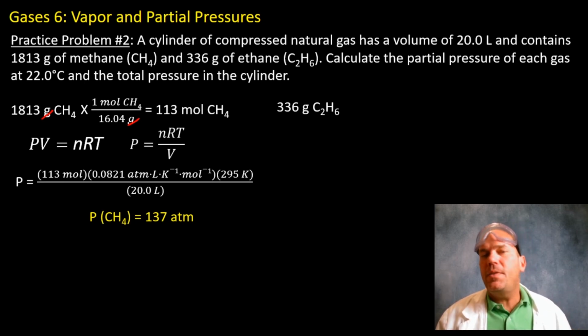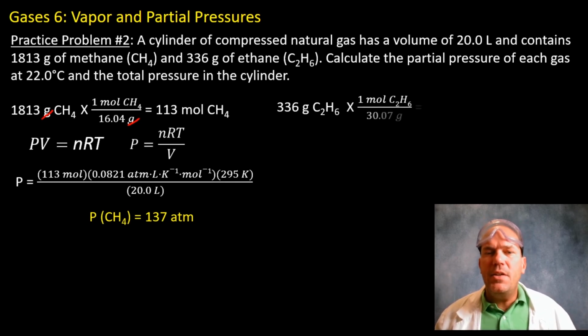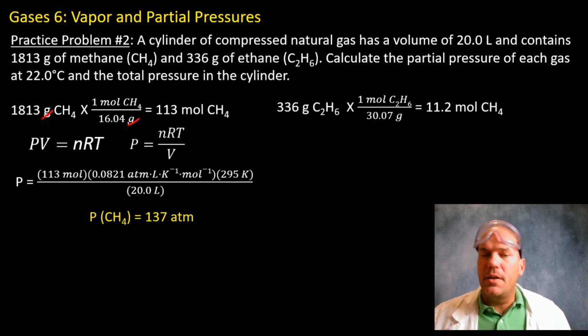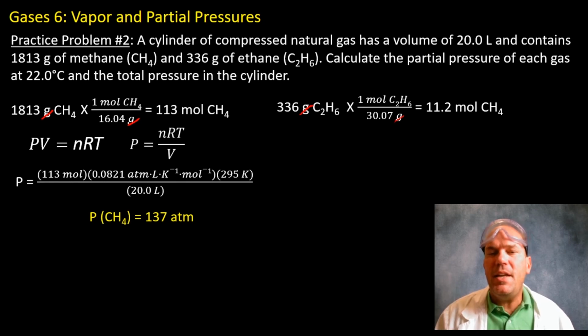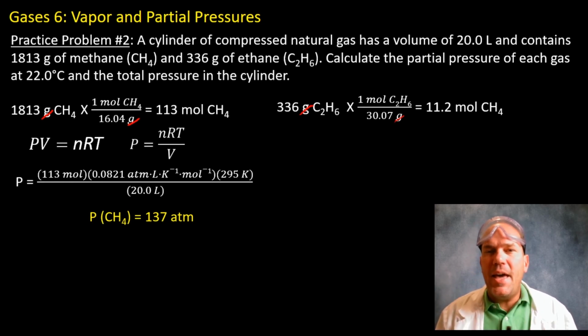336 grams of ethane. Let's use dimensional analysis and the molar mass of ethane to calculate the moles of ethane. So we can know there are 30.07 grams of ethane in a mole of ethane, and thus that equals 11.2 moles of, that should say, ethane.